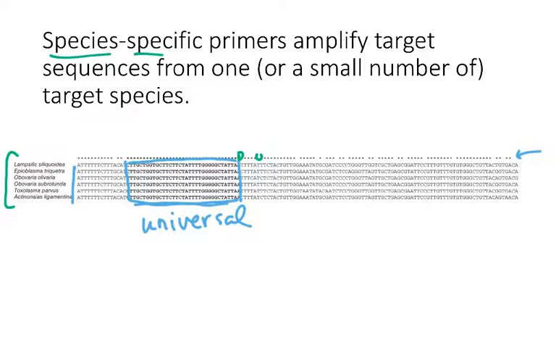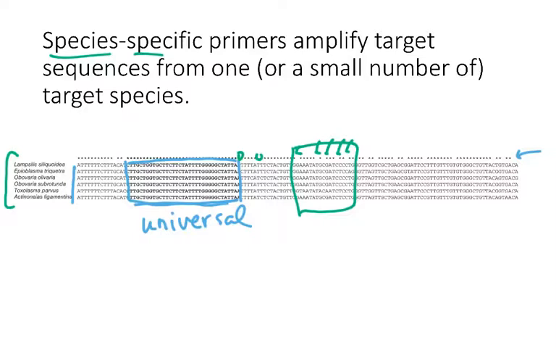So I have highlighted in that blue box where we would want to design a universal primer. But if we wanted to design a species-specific primer, we might want to do it somewhere like in this region where we have several different non-asterisk parts, which means that there are actually nucleotide differences that we would be able to use to design a PCR primer that would only bind to the one species that we're interested in.